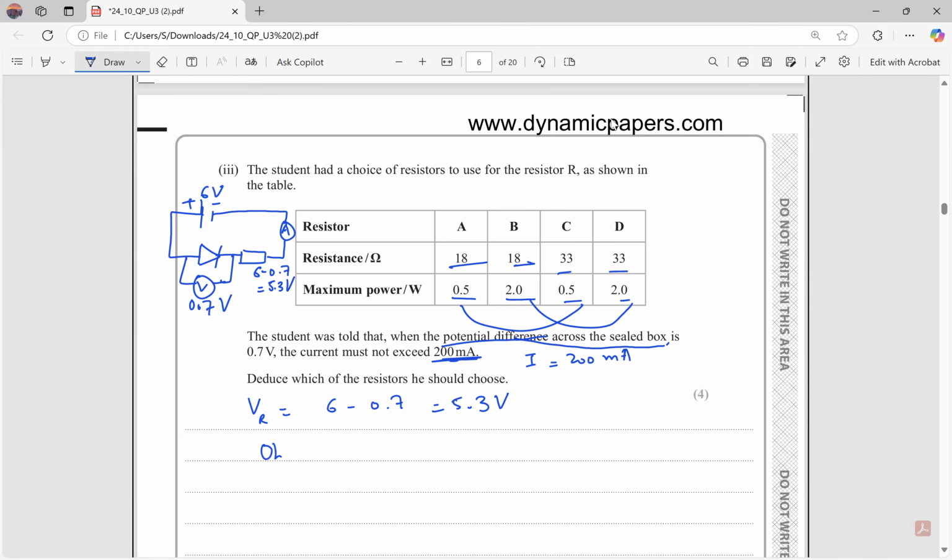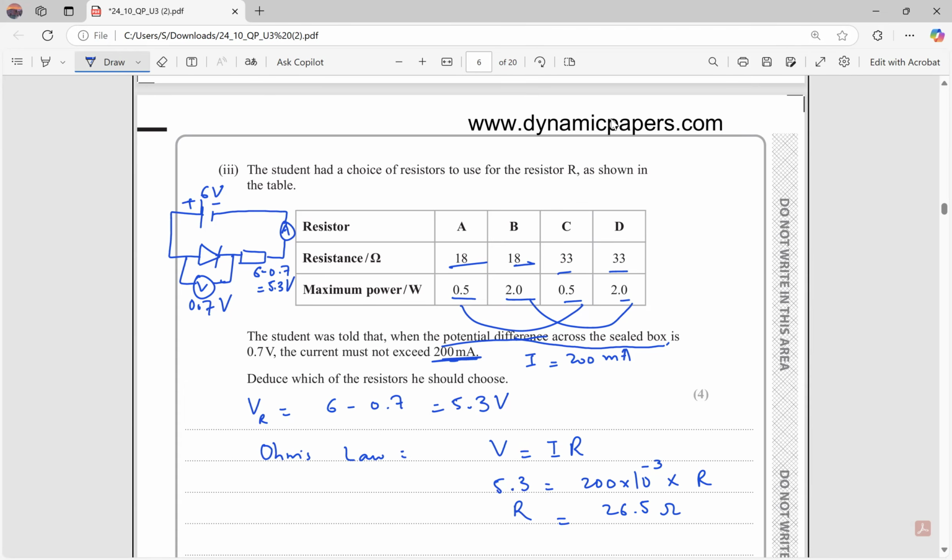Using Ohm's law, which is V is equal to I times R, 5.3 is equal to 200 milliamps, milli is 10 to the minus 3, times R. So R will be equal to 26.5 ohms. That's the resistance of the resistor.